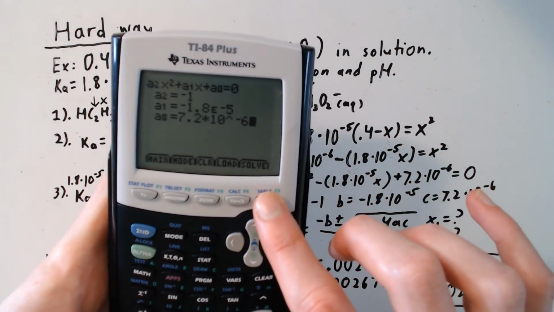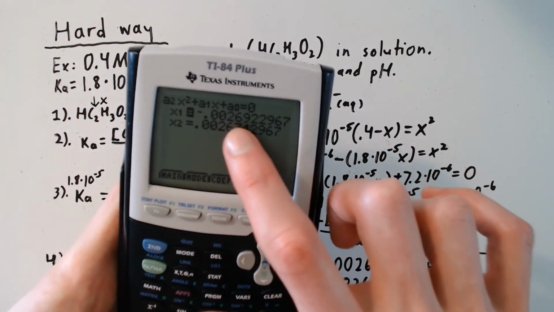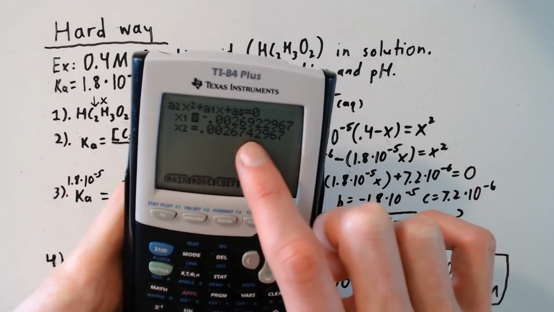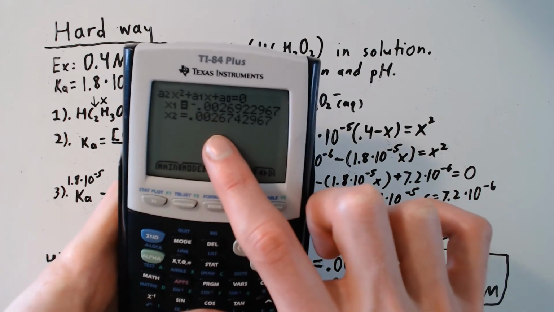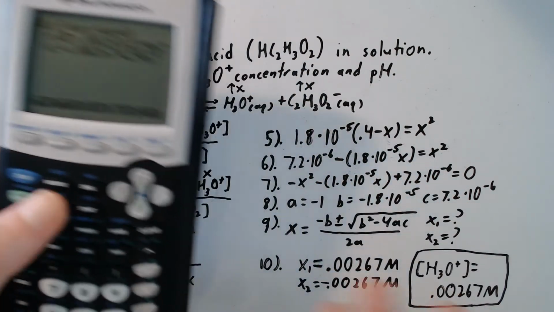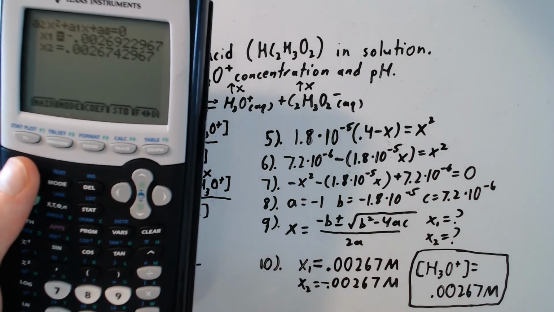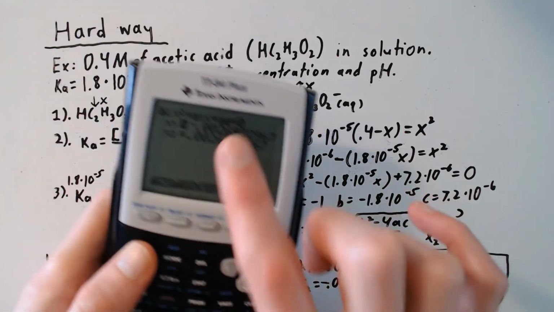Now you just click this again and press solve, and again you get the same thing, -0.00267 and +0.00267. They're basically the same, but you have to take the positive answer here. So that is how you do it the short way. If you're pressured for time on the exam, you don't have to solve all of this stuff. You can just show that you're going to solve it via a polynomial and just get these answers.